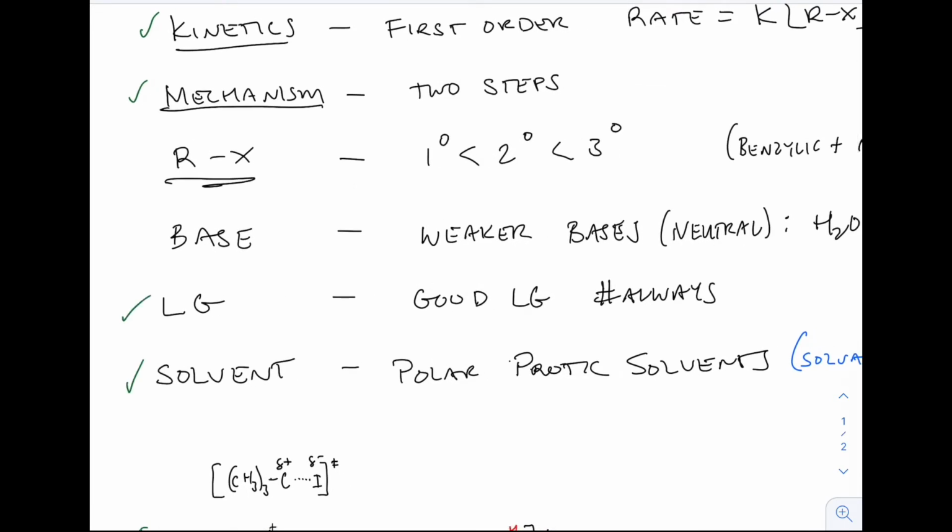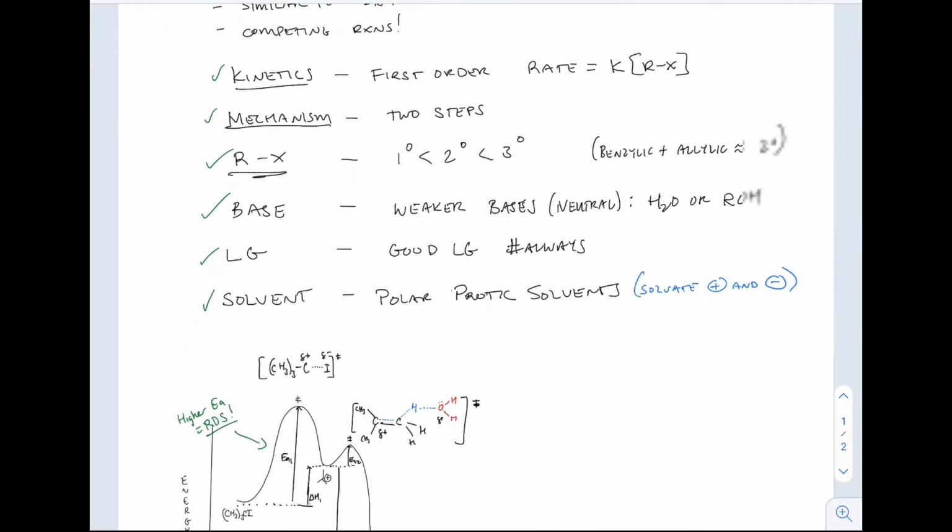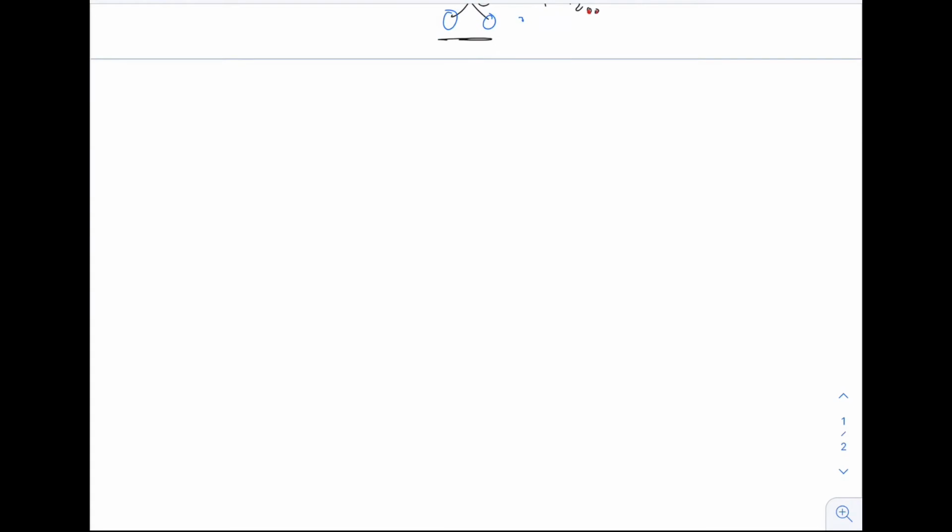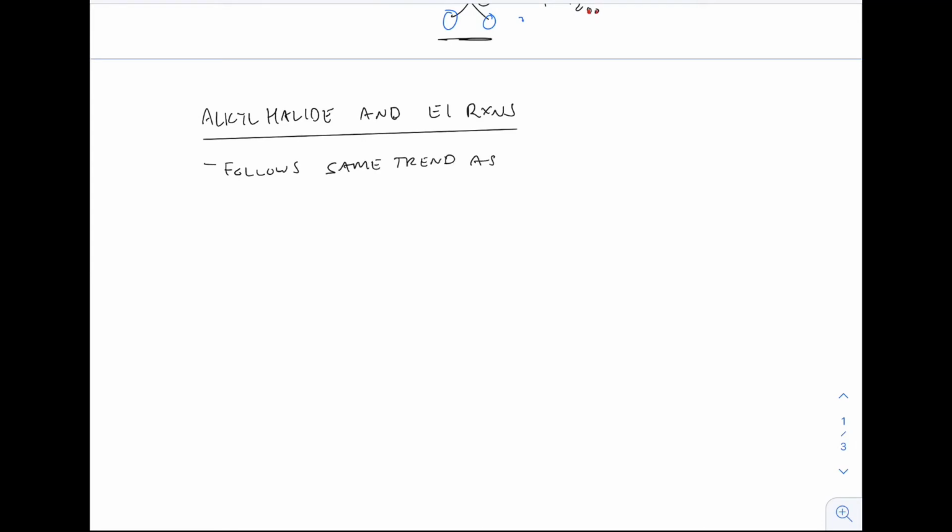Okay, so we're checking off all of the information we've gone over. The base, obviously, we want that weak base. And then the final thing we want to mention is the alkyl halide. When we're talking about E1 and Sn1 and the rates of the reaction, for the alkyl halide we want essentially the more stable carbocation, just like we wanted for Sn1.